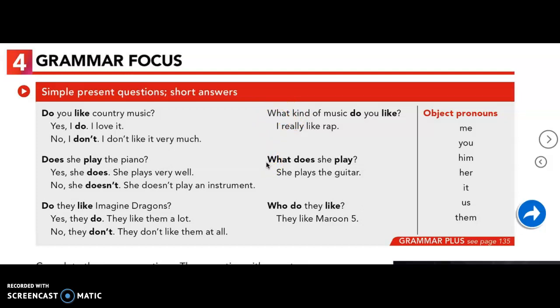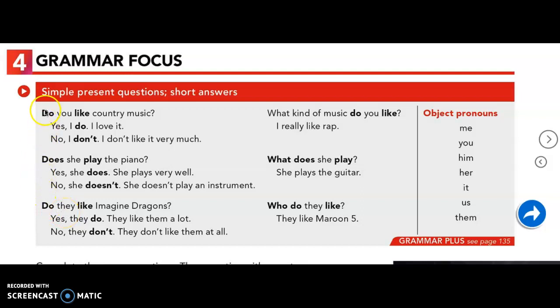Now we are going to look at them in detail. Here you have a question with you, a question with she, and a question with they. The first two questions are both singular, and the third one is for plural.